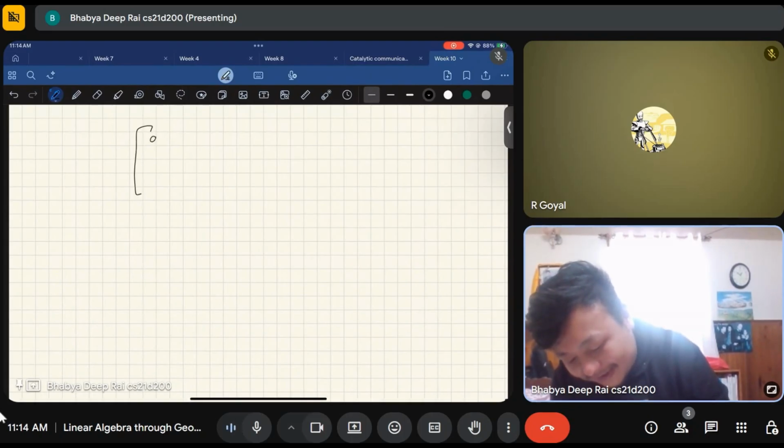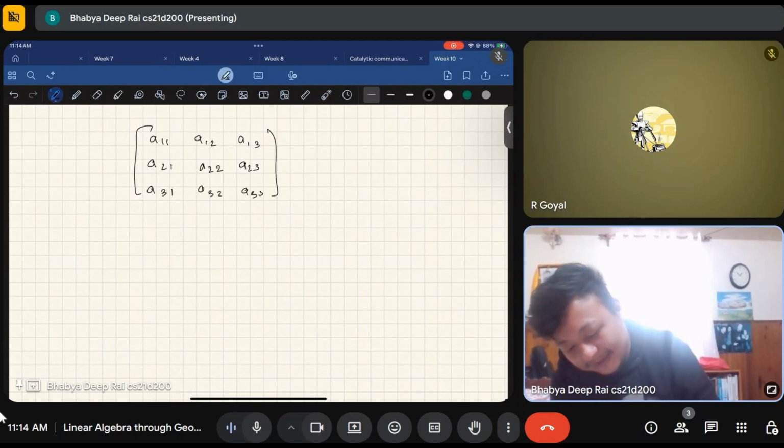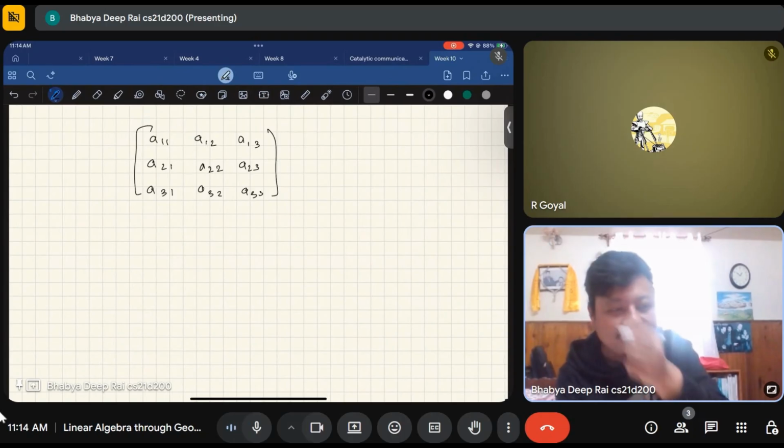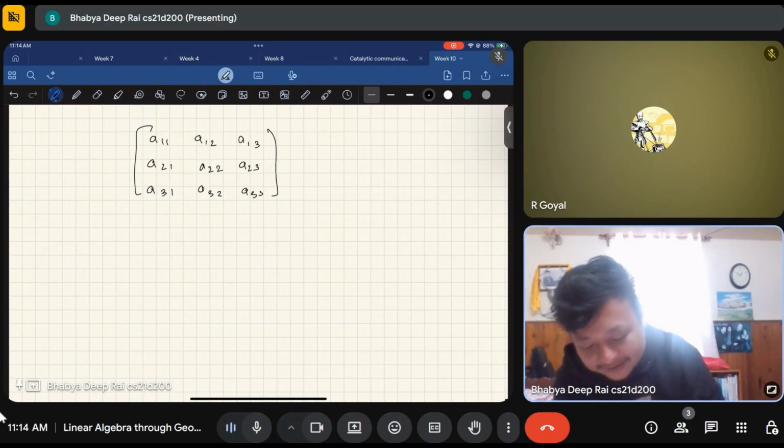So all it needs to do, if this is the matrix with A11, A12, A13, A21, A22, A23, A31, A32, A33, is this: because we always try to simplify and hack our way through it, but the computer does not need to do that.